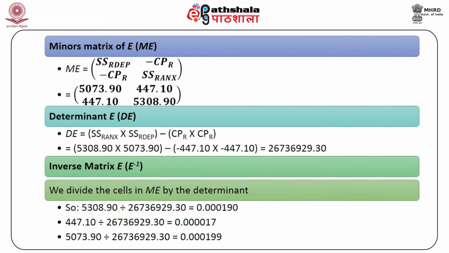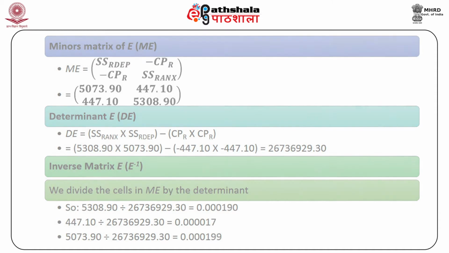So, 5308.90 divided by 26736929.30 is equal to the quantity, and we get similar numbers upon rows and columns divisions, and for each cell we have a value now, and the inverse of the E matrix is arrived at, which is represented here.